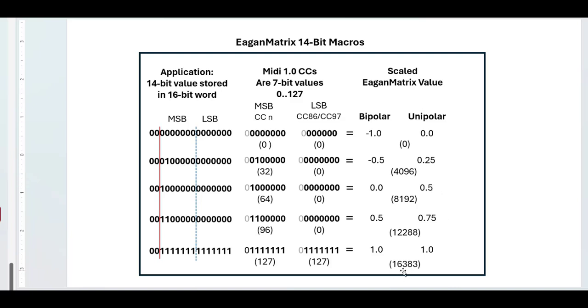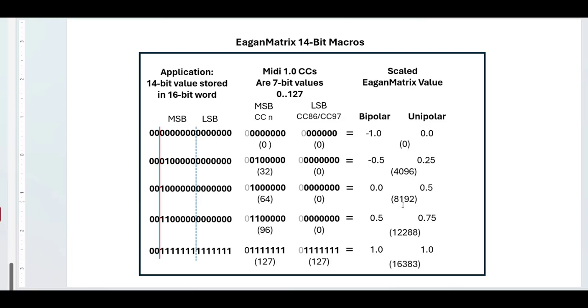In reality, 16384 would be the actual 1.0, but we're only talking about two 7-bit CC entities. You can't go to 15 bits, which is what 16384 would be. So the EaganMatrix scales this 16383 value as its max 1.0 value.